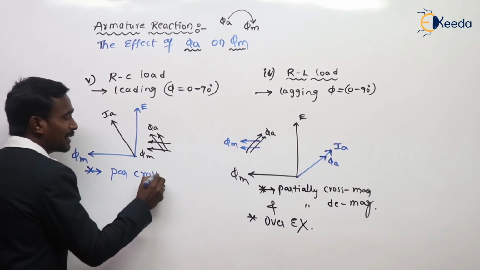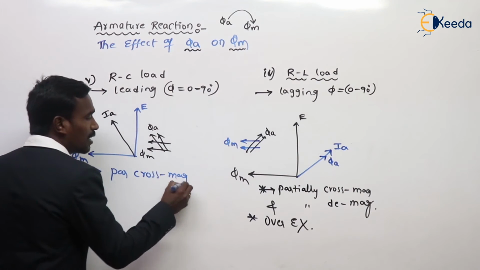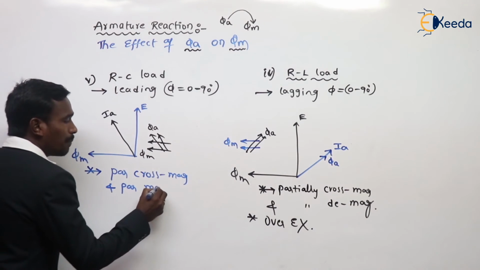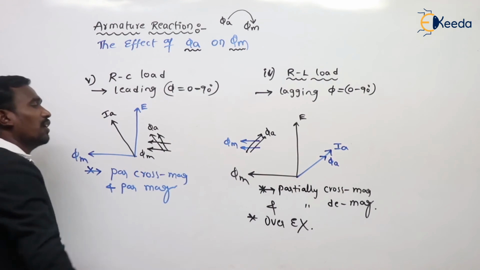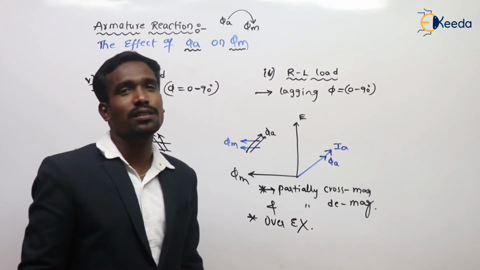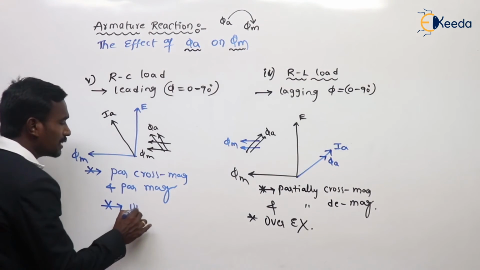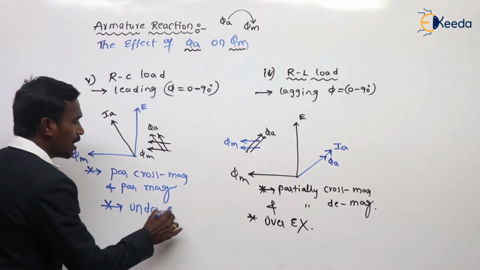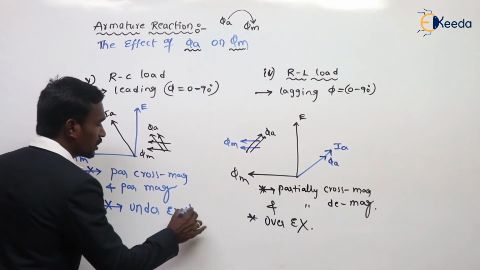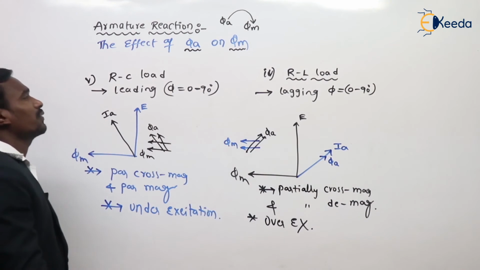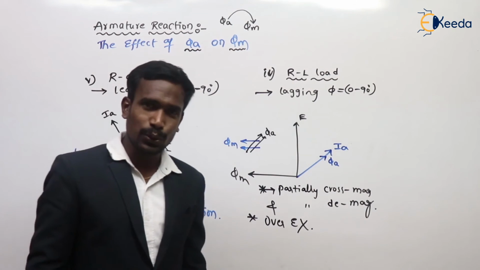Partially cross magnetization and partially magnetization effect of armature reaction. Is this over-excited or under-excited? Flux increases, that's why this is under-excitation. This is for RC load and RL load.